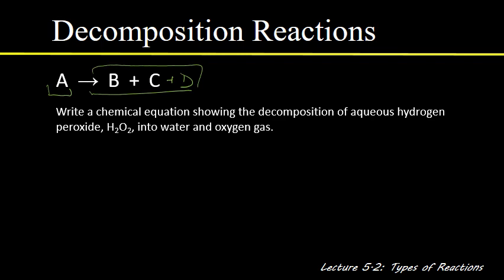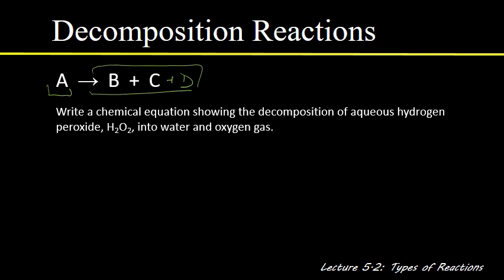Okay, so for example, we could take a look at a chemical reaction for the decomposition of hydrogen peroxide into water and oxygen gas. Hydrogen peroxide spontaneously decomposes to make oxygen gas, but it decomposes so slowly that you don't notice it.